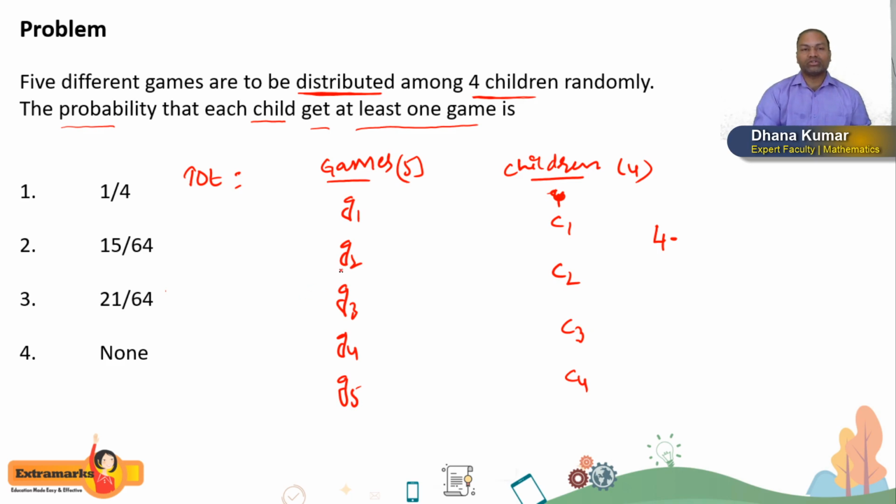Similarly, G2 is also the same. It is just like function mapping. G2 maps to either C1 or C2 or C3 or C4. So for G2 also 4 possibilities. Similarly, G3 4, G4 4, G5 4. So the answer is 4 power 5. That is the answer for what? The total number of cases, not the probability final answer. Okay, total number of cases.